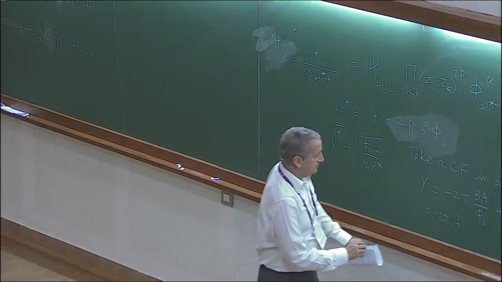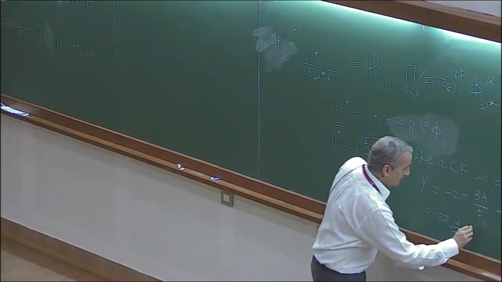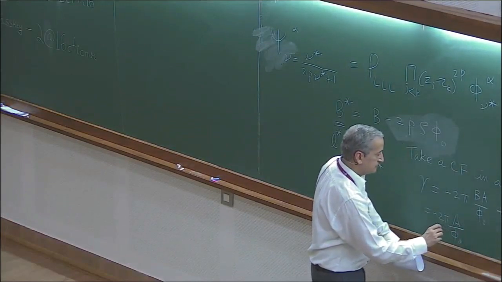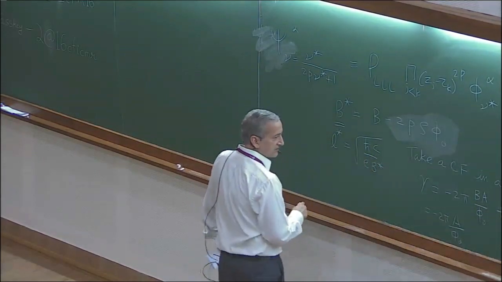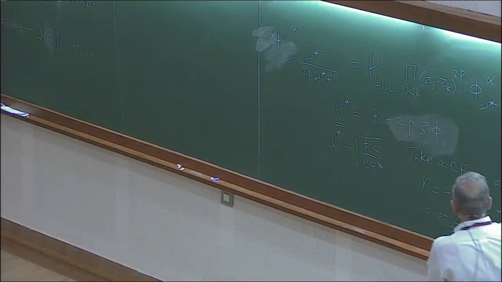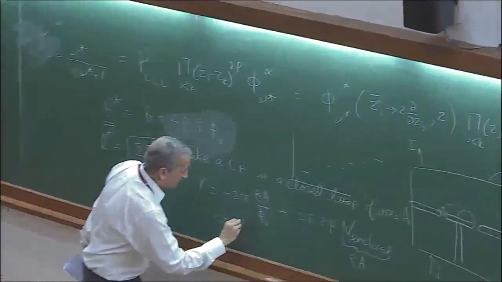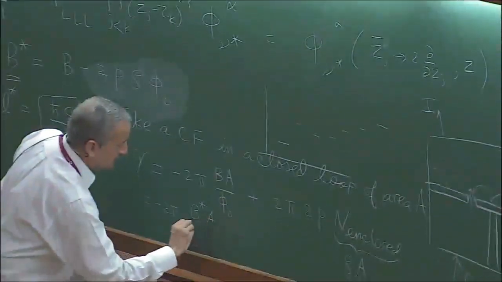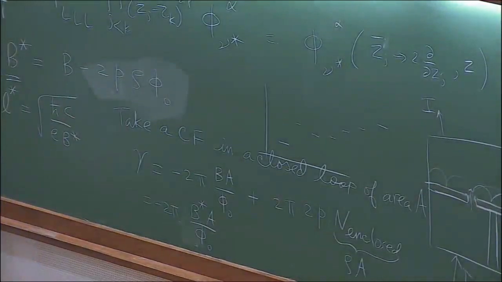Okay, in fact, I can skip that step. So let me interpret that as the Aharonov-Bohm phase coming from an effective magnetic field B star. And you can see that this equation is the same as the equation here for B star.